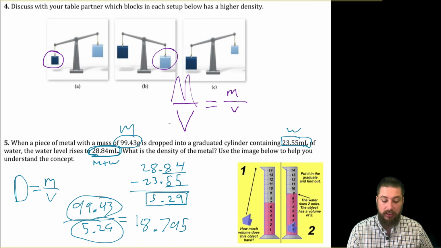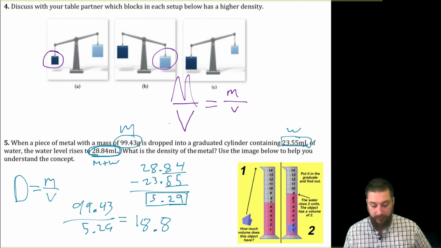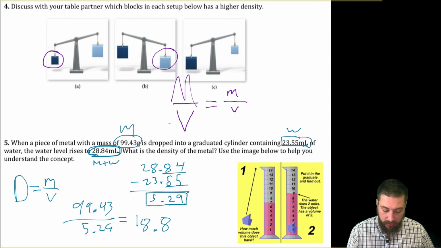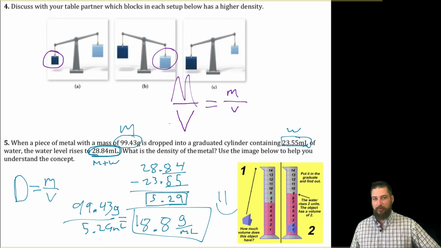So that means the answer can only have 3 significant figures. And this 9 is going to make this 7 round up to an 8. So the answer is 18.8. And this is going to be grams per centimeter cubed, or milliliters, grams per milliliter. All right, there we go. And smiley face, because we're happy to be here.